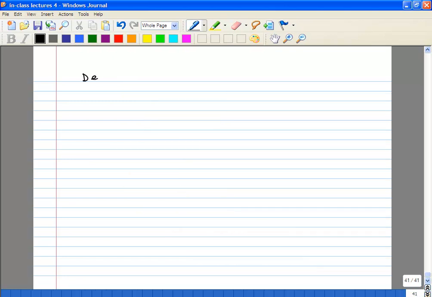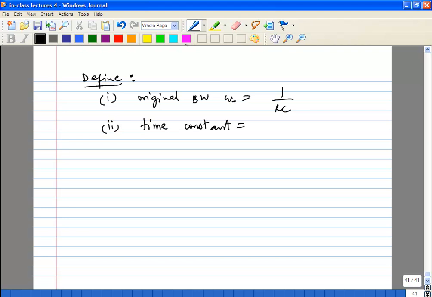We are going to define the following. First of all, the original bandwidth is 1 over RC. We are going to define a time constant tau, which is RC.